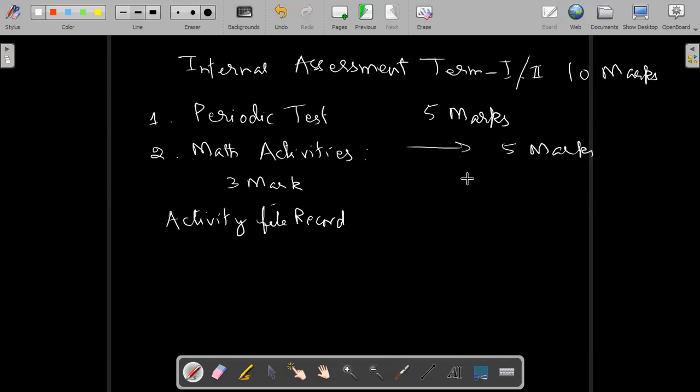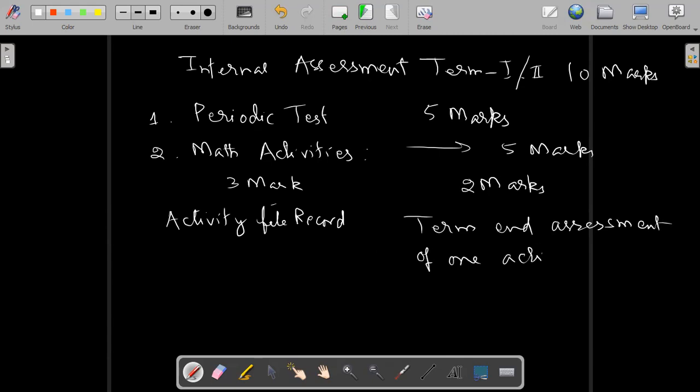At the end of the term, we will conduct one exam from these activities, an assessment of one activity, for 2 marks, and a viva voce.